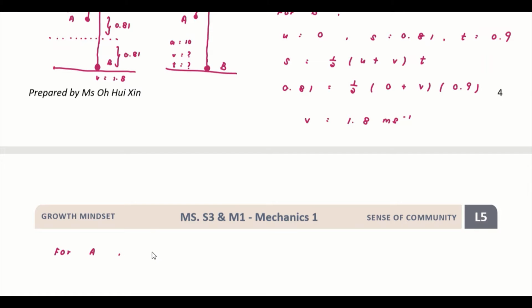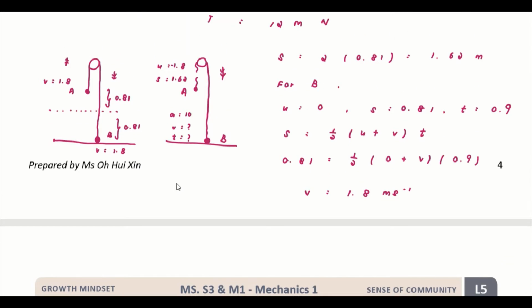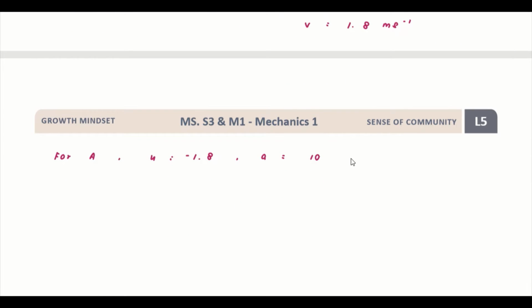okay, so what we have here is the initial velocity is going to be 1.8. Okay, I'm sorry, negative 1.8, because we want to denote that going down as positive now. Then after that, we want to find our V. Then we have our S is 1.62. So we want to find the speed, the final velocity.